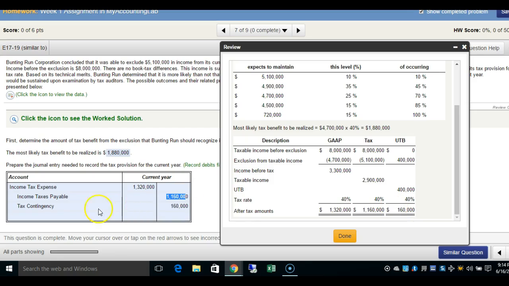That $160,000 is going to be on our balance sheet as a liability, or simply the difference between our income tax expense and our income tax payable is going to be a tax liability of $160,000. That tax liability, if they do allow the whole $5,100,000, will be debited if the authorities accept the $5 million, and then our income tax expense would be credited to get the $160,000 off the books.